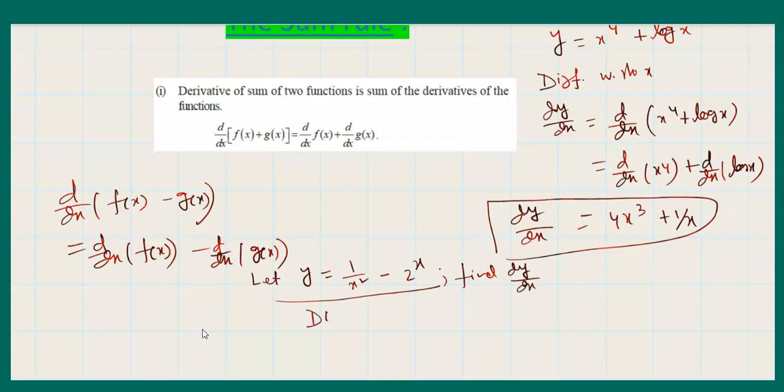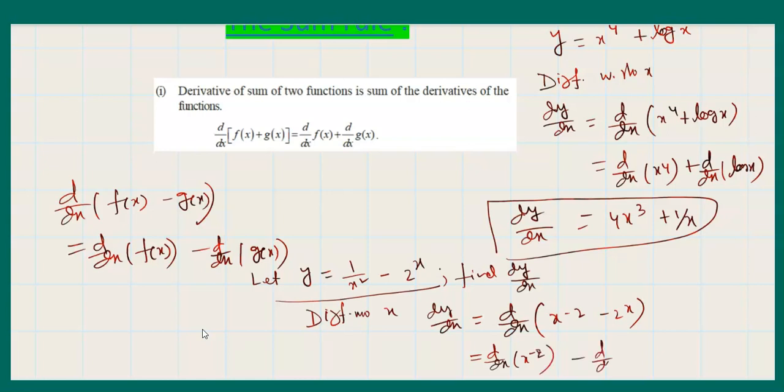Again you write, differentiating with respect to x, dy by dx will be d/dx of 1 by x square, which is x to the power minus 2, minus 2 to the power x. This is d/dx of x to the power minus 2 minus d/dx of 2 to the power x.